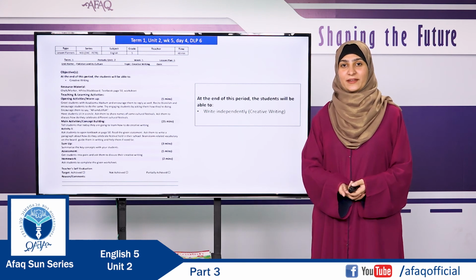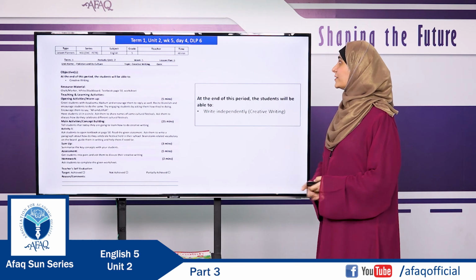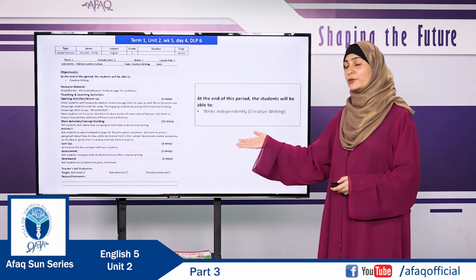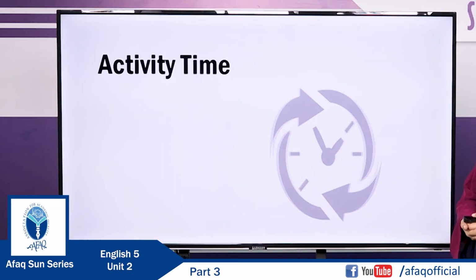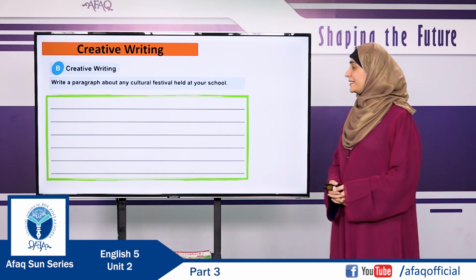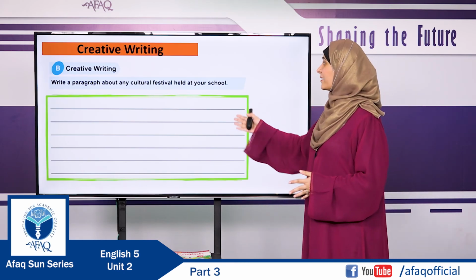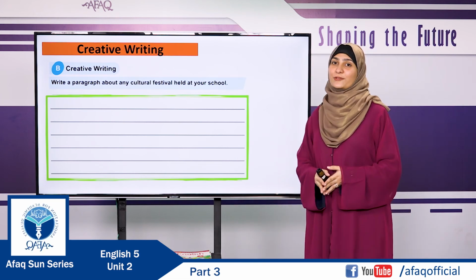Dear teachers and parents, now we are starting our next lesson that will cover Term 1, Unit 2, Week 5. It's Day 4 lesson, that DLP 6 is given for achieving this lesson's learning objective. Let's start our activity. Dear students, it's time to write something creative. You will write a paragraph about any cultural festival that is held at your school.